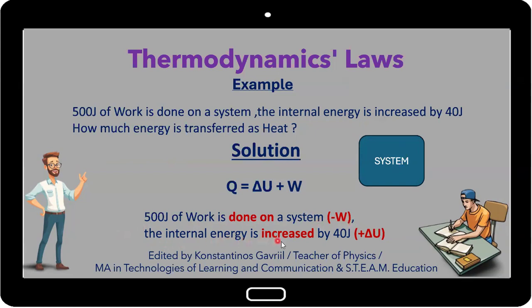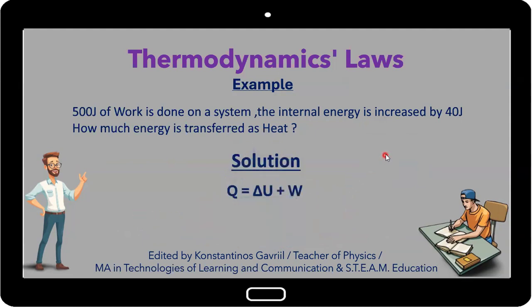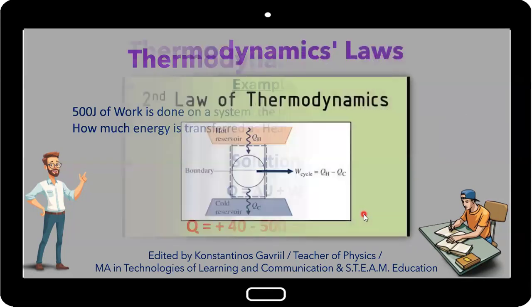And the internal energy is increased by 40 joules means that we have a positive change of the internal energy. As you can see here, the system with minus 500 joules plus 40 joules. So we have, in the end, heat outcoming from the system. Q equals plus 40 minus 500. So we get a negative value here for the heat.